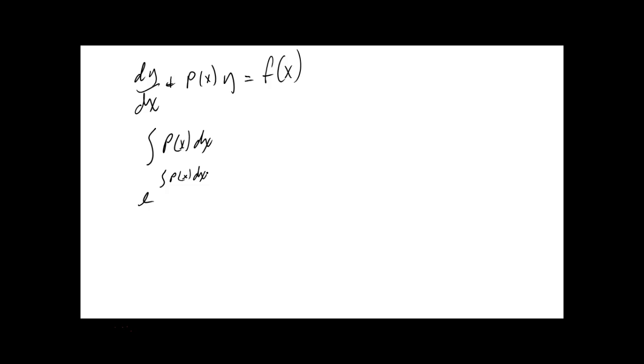Take that thing. This is now what we were calling the mu, and multiply it by both sides of your equation. So that'll be mu, I'm just going to say y prime plus mu p of x y is equal to mu times f of x. Now what do you call the y prime? That's your dy dx.